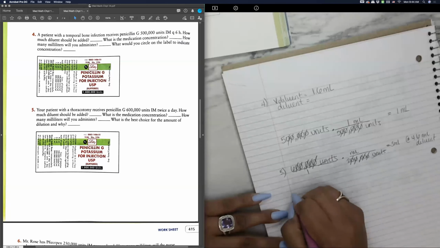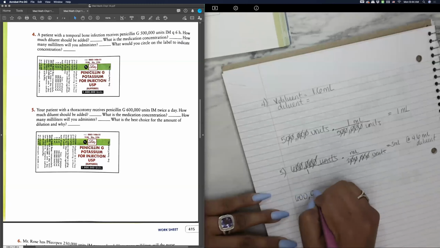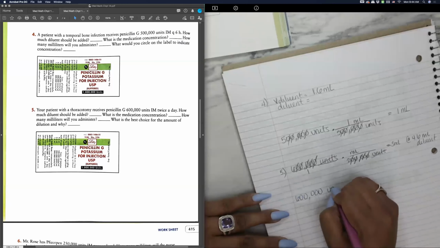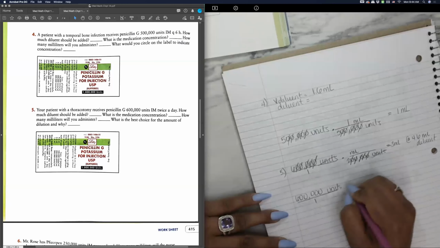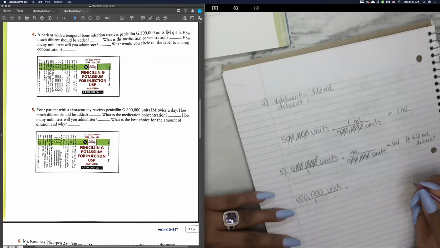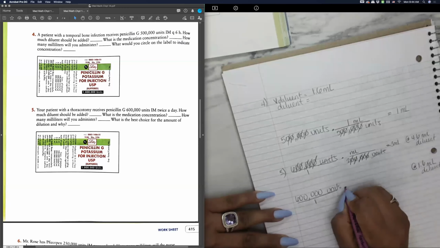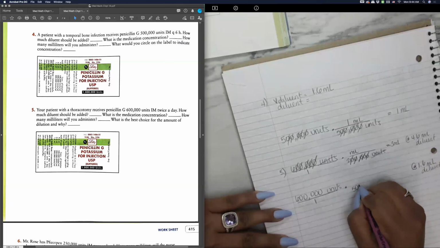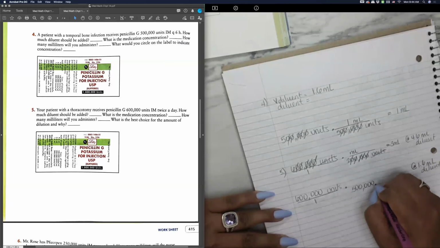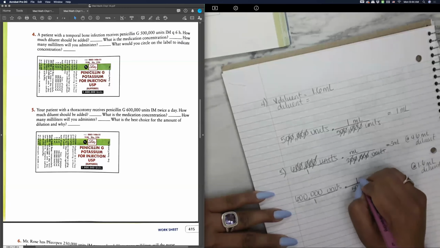Okay, so I'm going to compare that to the same order, but using a different diluent volume. 1.6 milliliters diluent gives me a dosage strength of 500,000 units per 1 milliliter.